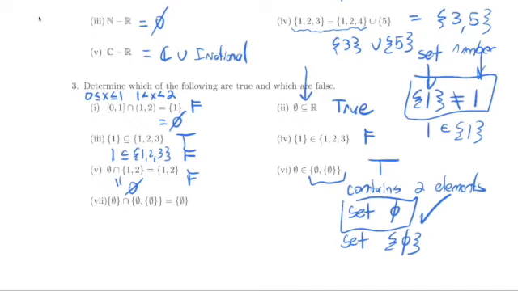And for this 7th one, the last one here, this is a set that contains 1 element, which is the empty set. And this is a set that contains 2 elements.